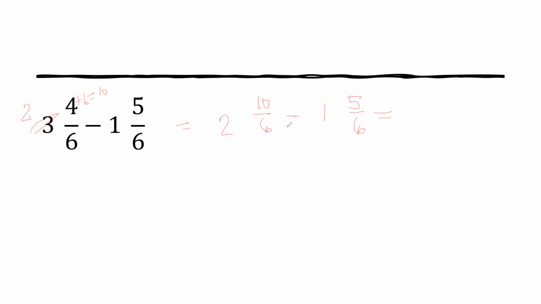So ngayon, pwede na tayo mag-subtract. 10 minus 5, 5 po. 5 over 6. Then, pwede natin mag-minus ng whole number. 2 minus 1, 1. And that is our final answer. 1 and 5/6. Okay po.